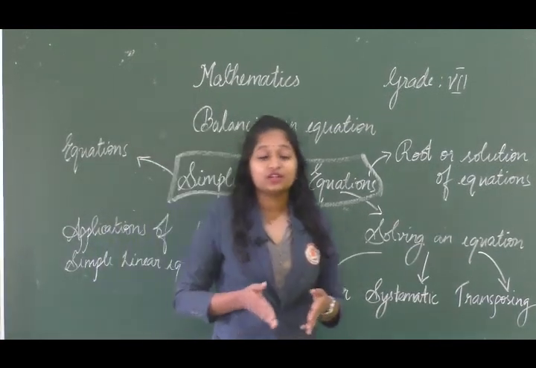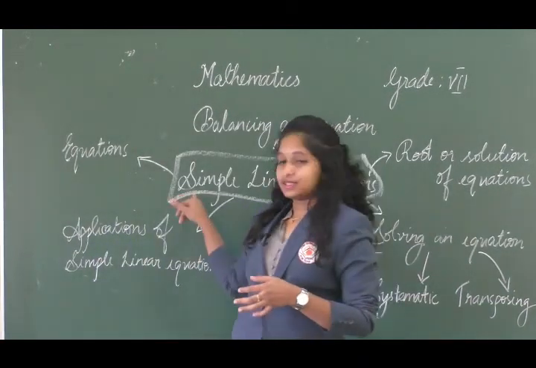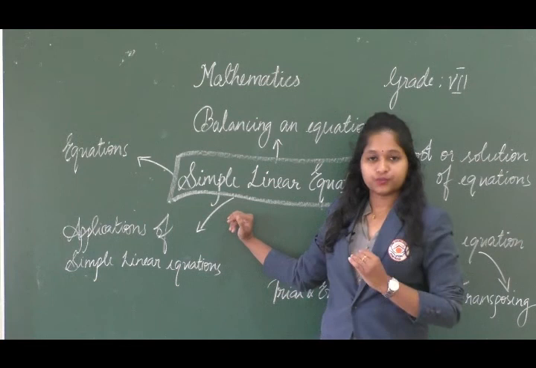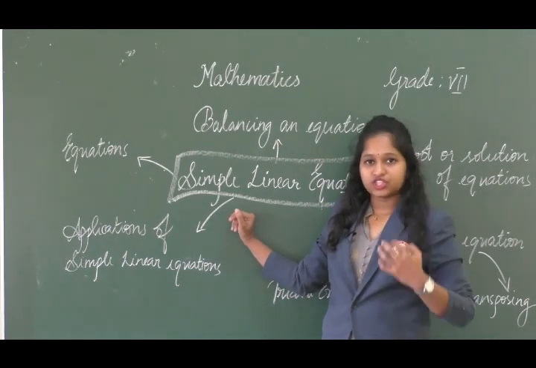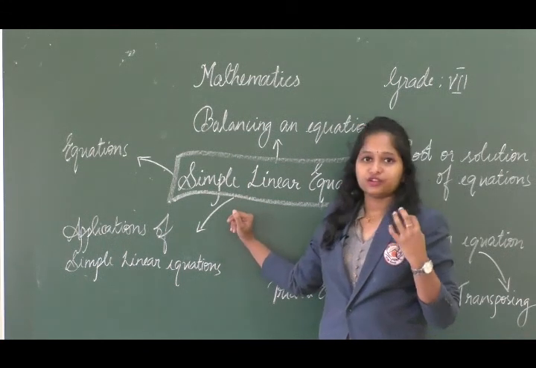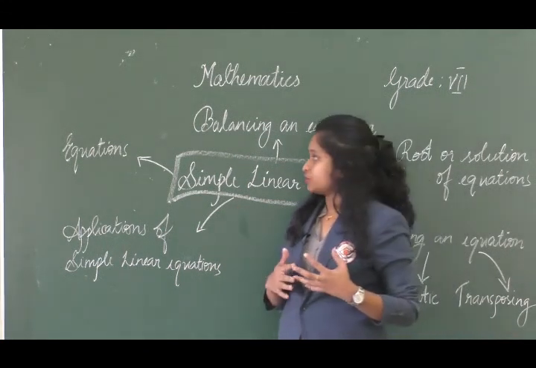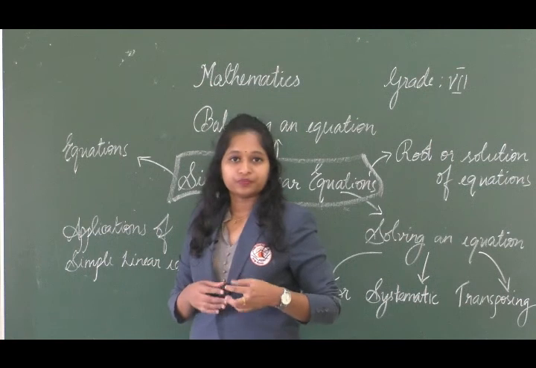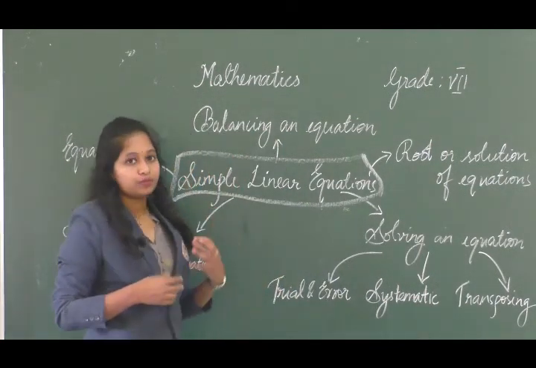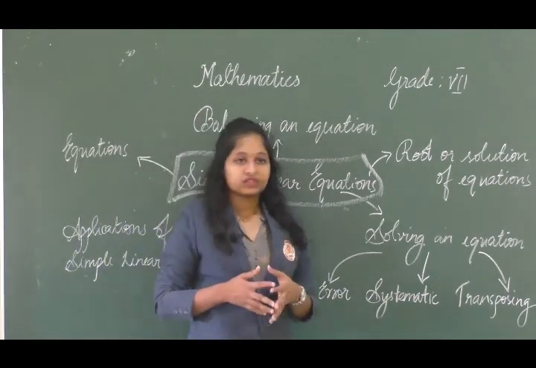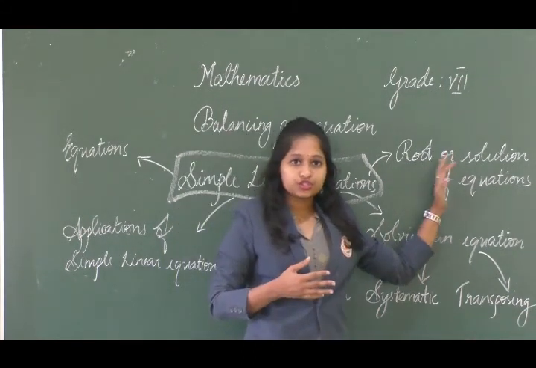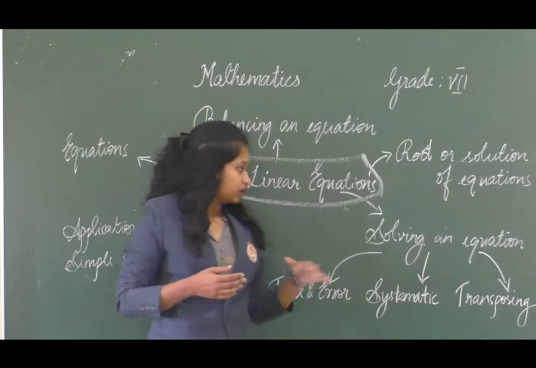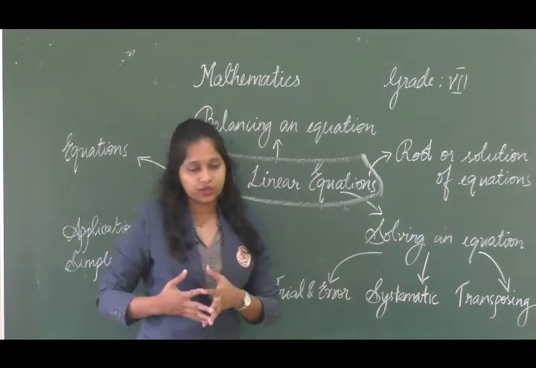So children, what you see here is the mind map for our video. As I already told, in the chapter simple linear equations, we would learn about equations and how to balance an equation, about the root or solutions of equations, and how to solve an equation.